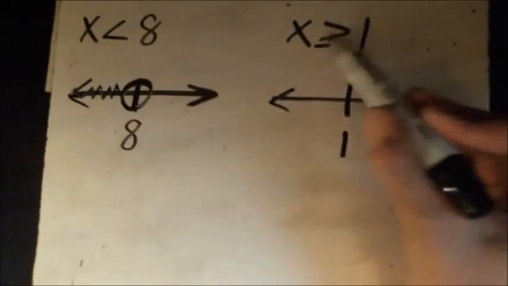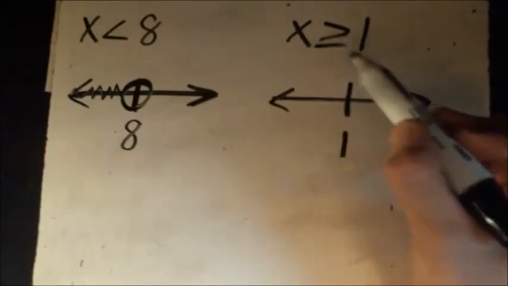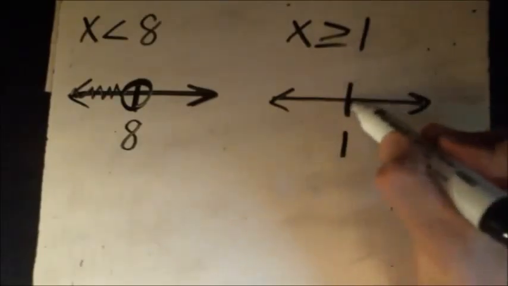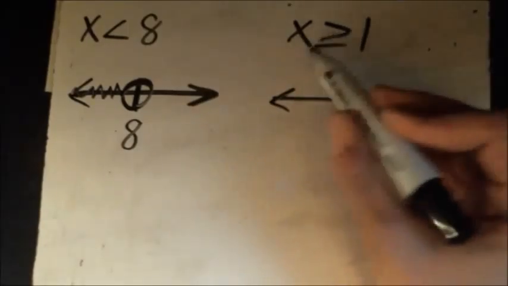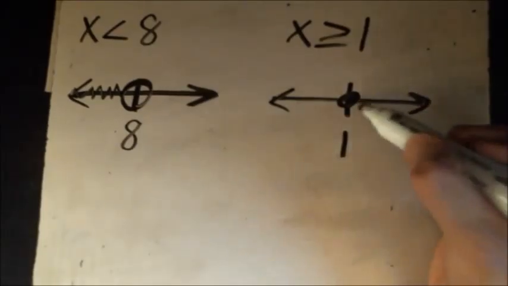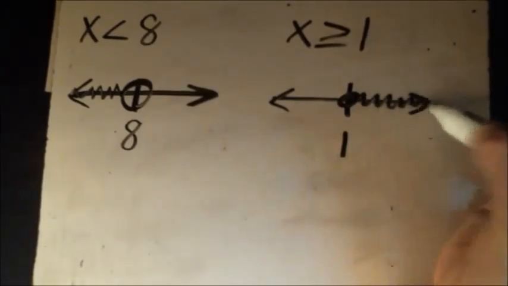Because this is greater than or equal to, because there's that equal sign, I want to use a closed circle. Okay? And with that closed circle, next thing I want to ask is, is it greater than or less than? So this is x is greater than or equal to my 1. Because it's greater than, I want to shade to the right.